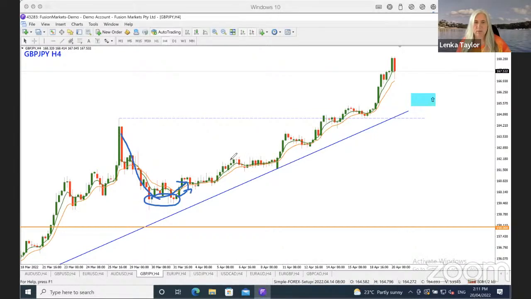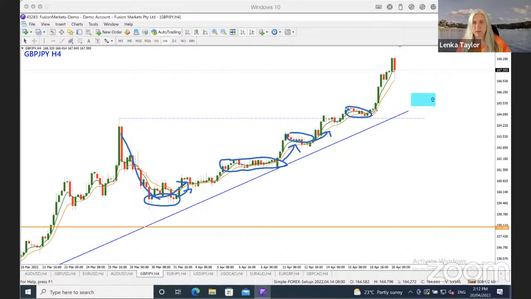Any of these areas where it goes sideways and then pops up, maybe a slight pullback and pops up, then I'm still looking for long, because if you're trading with the trend, then usually the phases that go with the trend are longer than the pullbacks. The pullbacks are usually shorter.